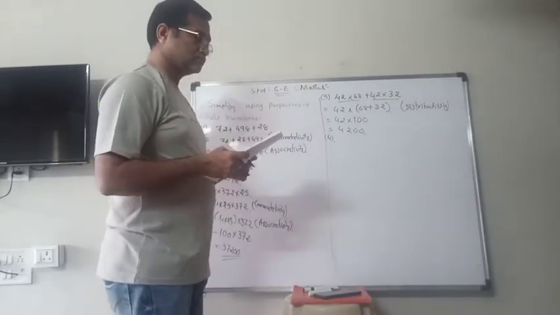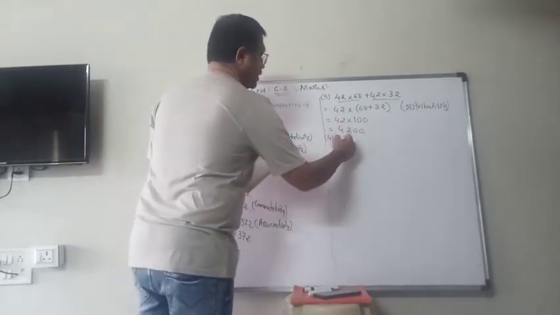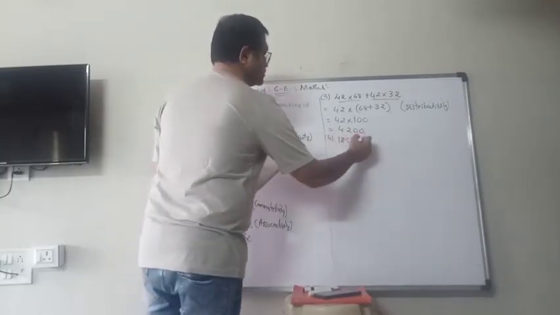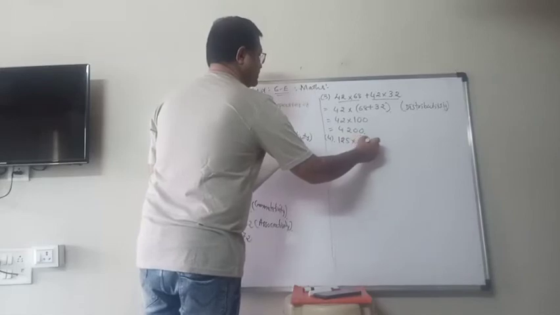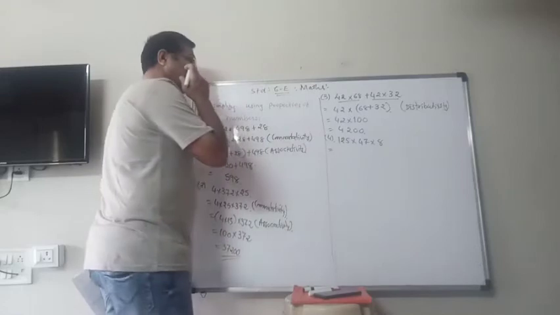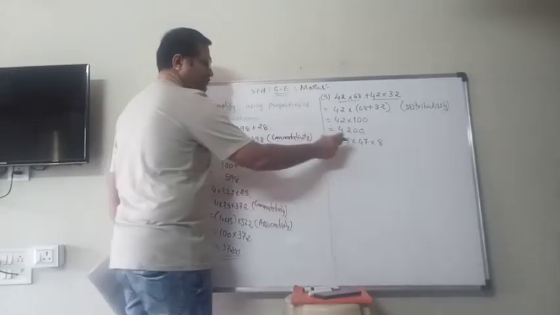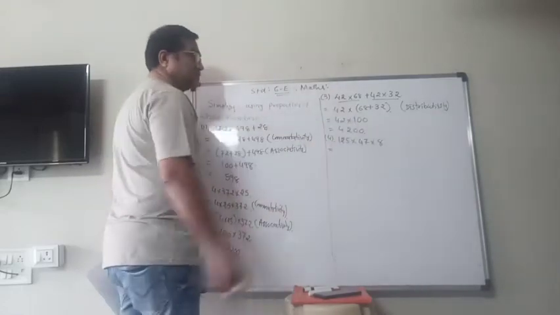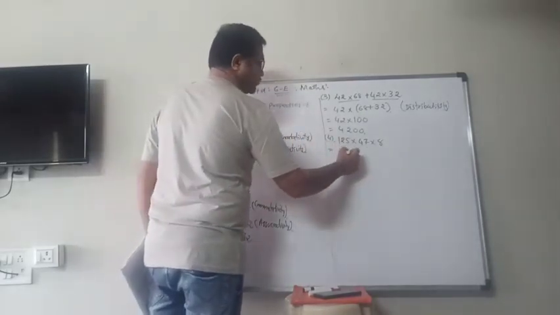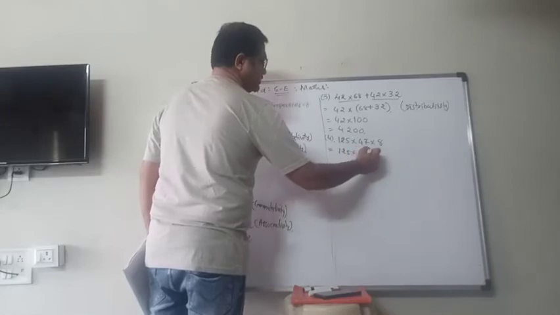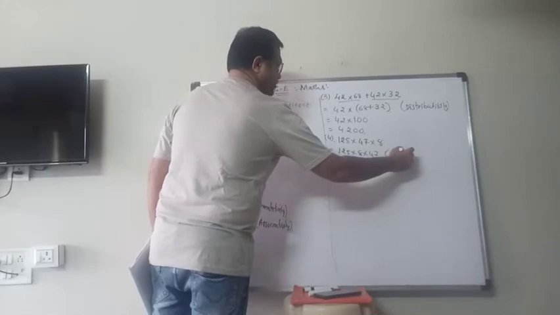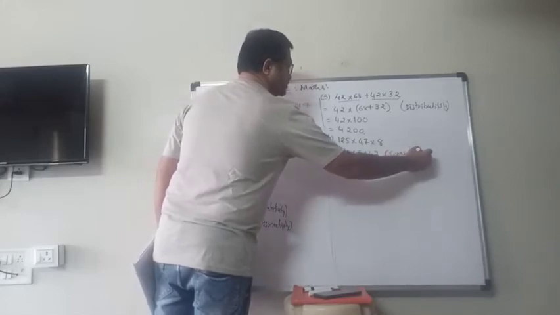Next, 125 multiplied by 47 multiplied by 8. Now 125 multiplied by 8 will be 1000. So we bring 8 this side. So 125 multiplied by 8 multiplied by 47 using commutativity.